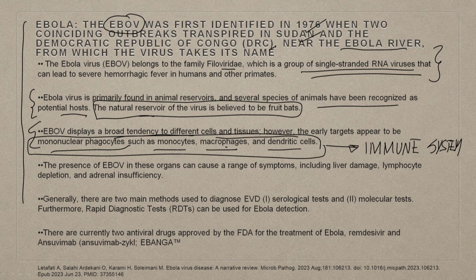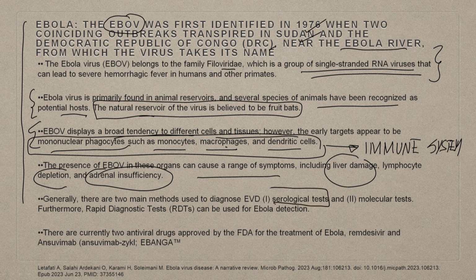The presence of Ebola virus in these organs can cause a range of symptoms including liver damage, lymphocyte depletion and adrenal insufficiency. Currently, there are two main methods to diagnose EBV. One, we will talk about the serological method, the other one is the molecular test.